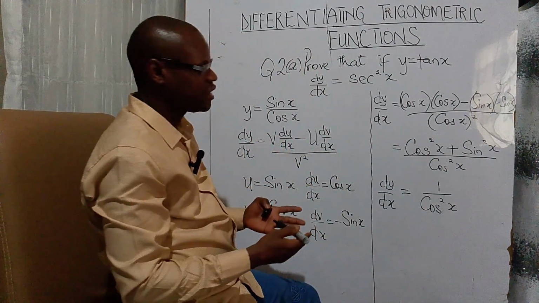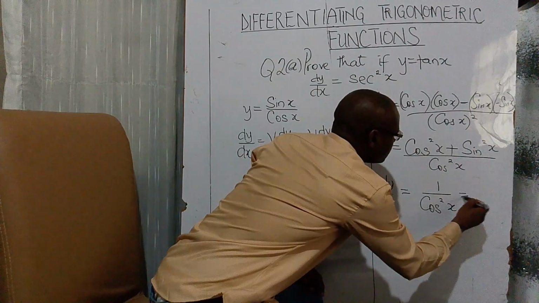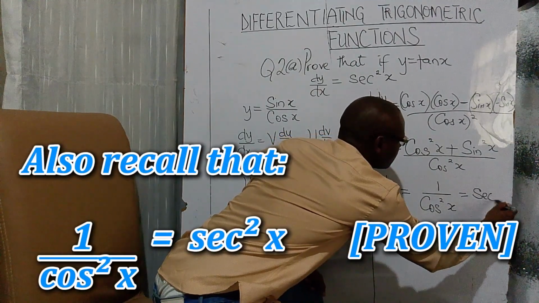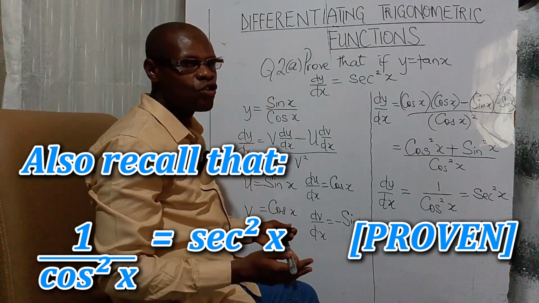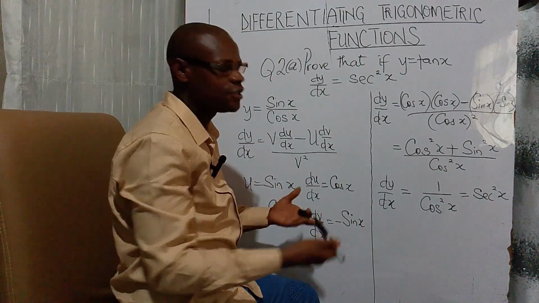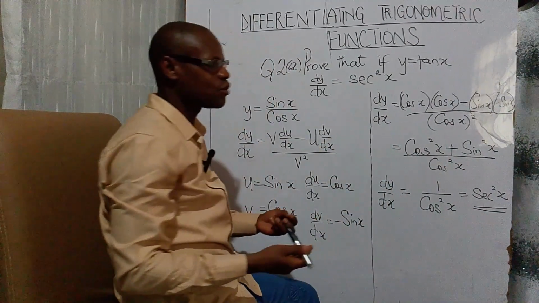And 1 divided by cos square x will always come back to be sec square x, and that is what we are required to prove. So our final answer here is sec square x.